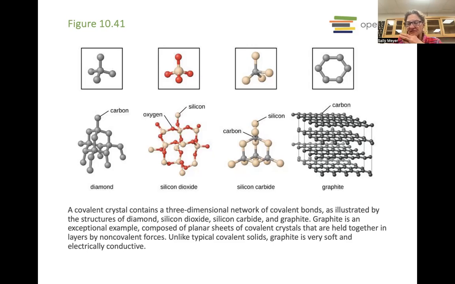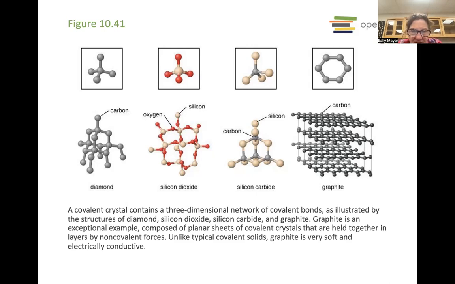So it's really soft. It's actually what your pencil lead is. It's graphite, and so those sheets come off easily, whereas diamond is the strongest substance there is because you have to break covalent bonds in order to take a carbon atom out of a diamond solid sample.